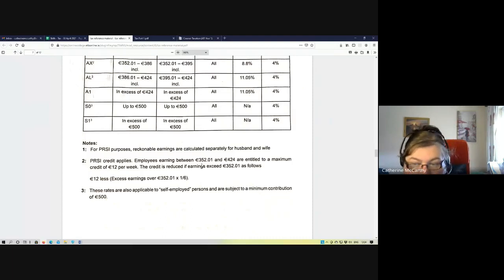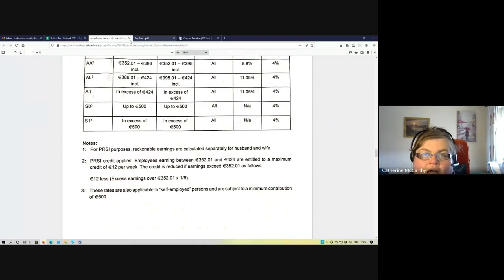That's the max. But the credit is reduced if earnings exceed €352.01 as follows. So it's €12 less your excess earnings over 352.01, and then it says multiplied by a sixth, but I just divide it by 6 to get my answer out.